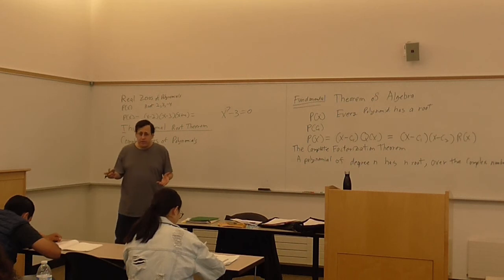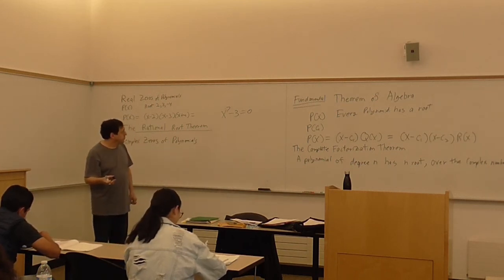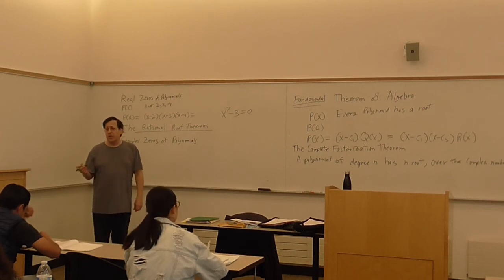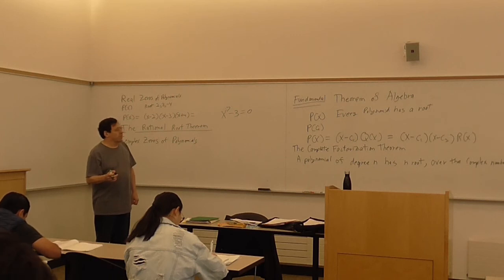I don't know what they are. I don't know if I can find them, but it will. Some of them may be complex. Some of them might be rational, although we can eliminate rational pretty quickly.